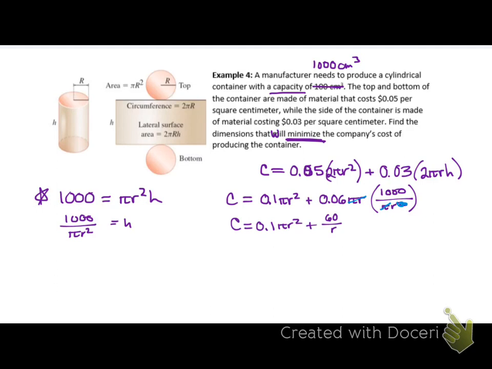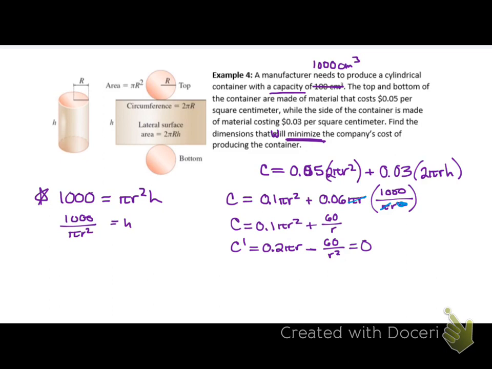Now, I take the derivative, set it equal to 0, and solve for r. So C prime is 0.2 pi r, and then the derivative of 1 over r is negative 1 over r squared. So it didn't affect the 60. And that's going to equal 0.